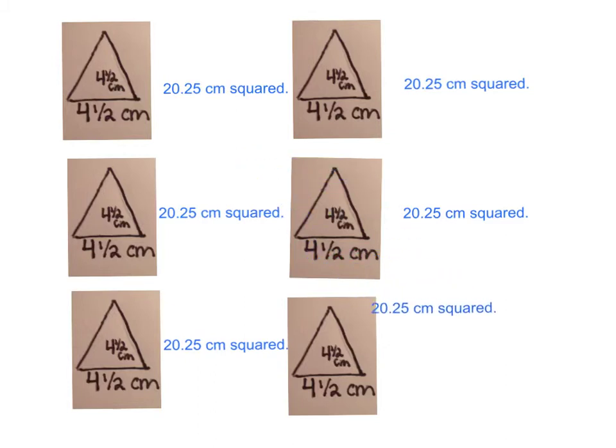And since now we have all of our areas where they should be, we have to add the 2 in the row together to get the next area. And when I did that, I did 20.25 centimeters squared plus 20.25 centimeters squared, and I got 40.5 centimeters squared.